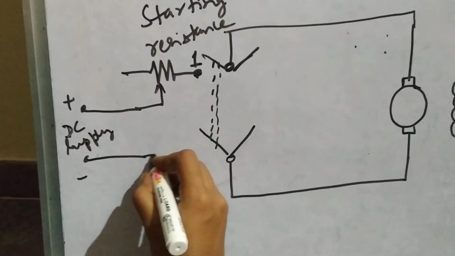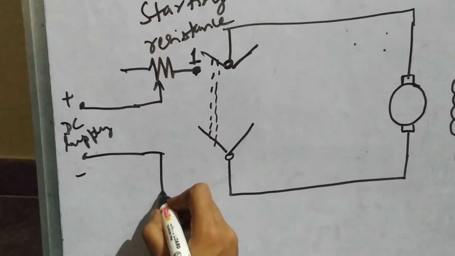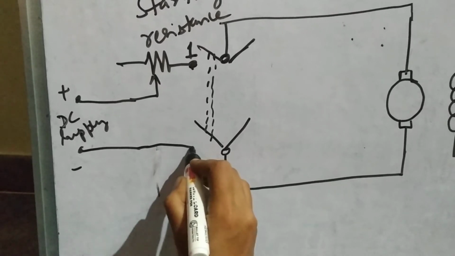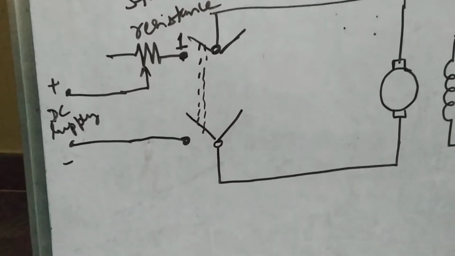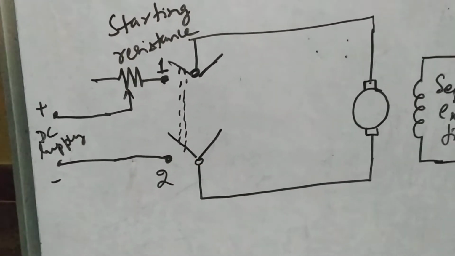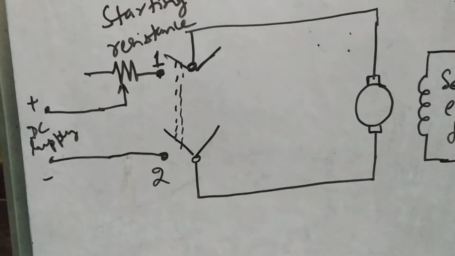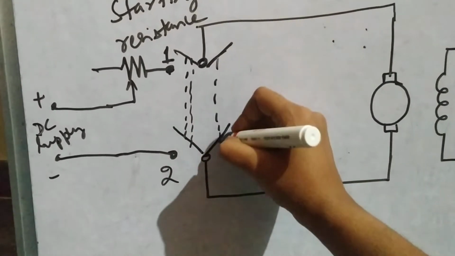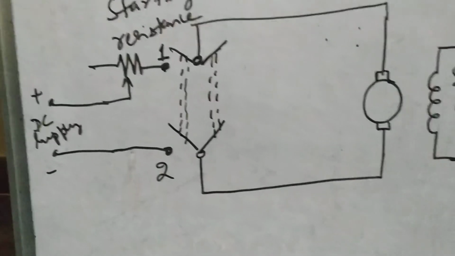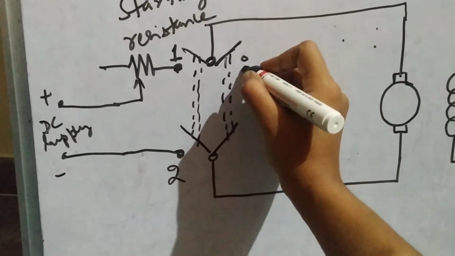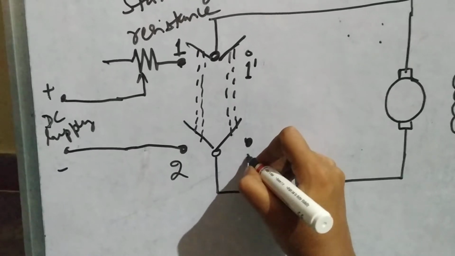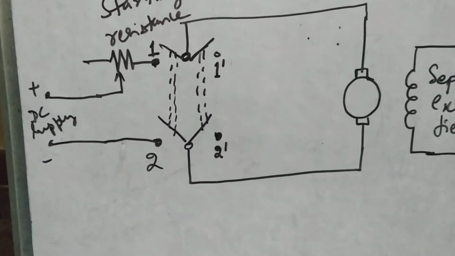This will be connected on the other side, which you can call position 2. At a later stage it will be switched to the other direction, so I can call it 1 dash, and the other position will be 2 dash.